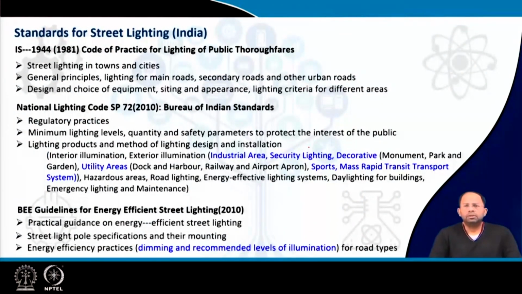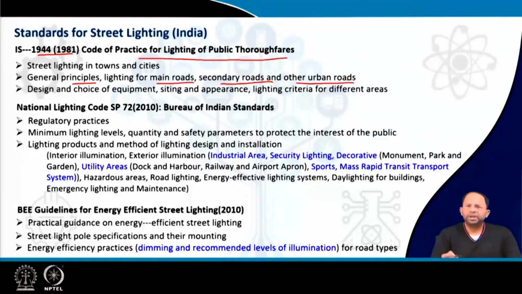So coming to the standards for street lighting in India, we usually refer to three standards. One is the IS 1944, which was prepared in 1981, Code of Practice for Lighting of Public Thoroughfares. This talks about how we should design lighting systems for different roads. It talks about the basic principles, the lighting for main roads, secondary roads, and other urban roads as well.